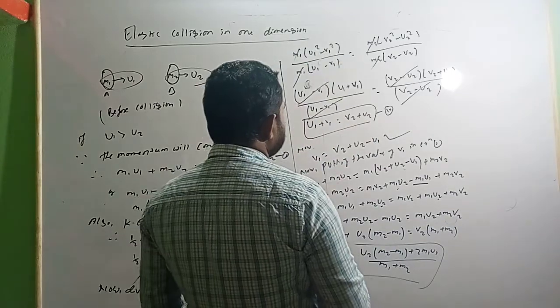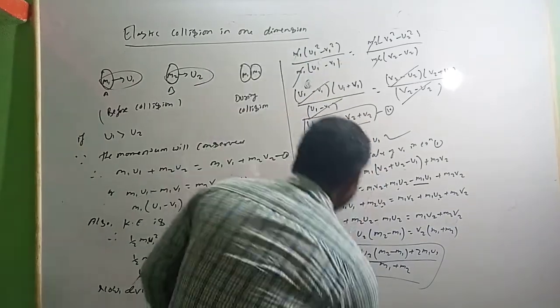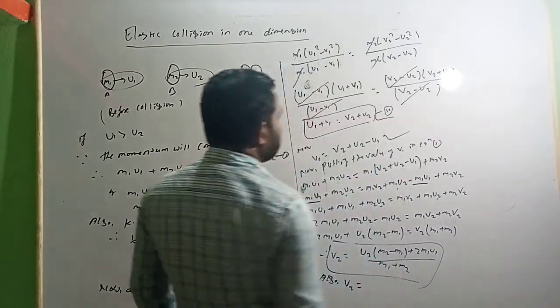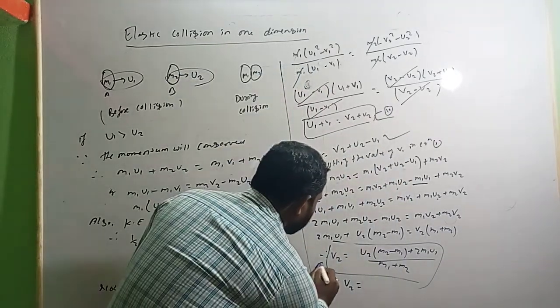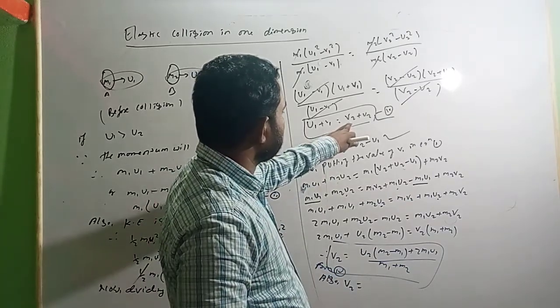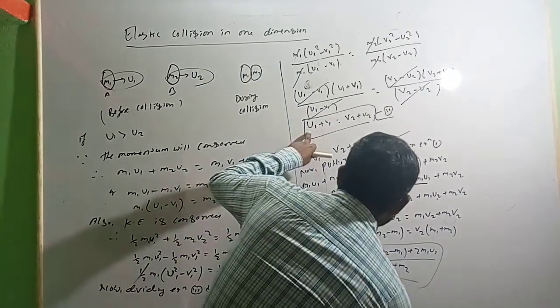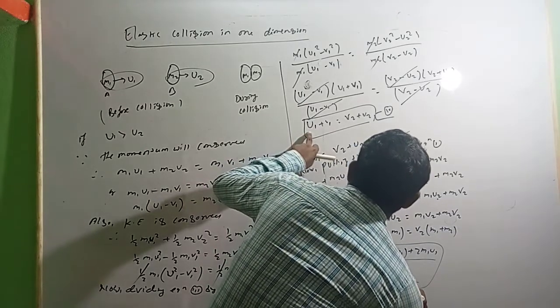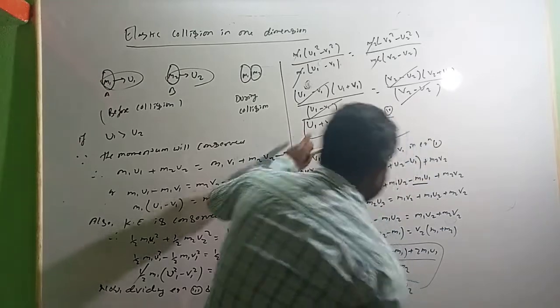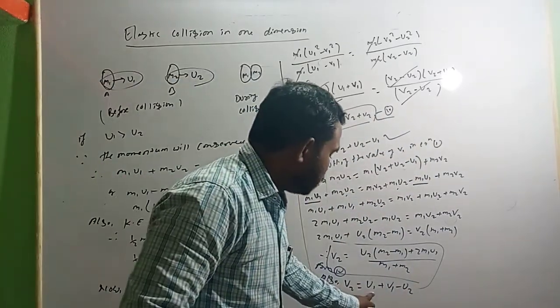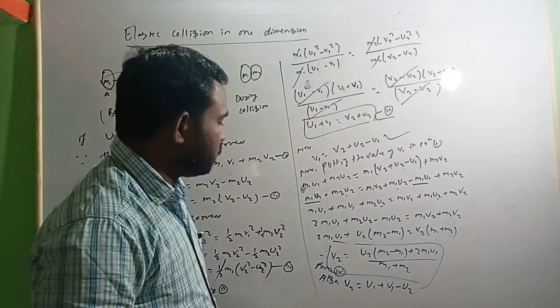What will you write? v2 equal to, from equation 4, v2 is equal to u1 plus v1 minus u2.